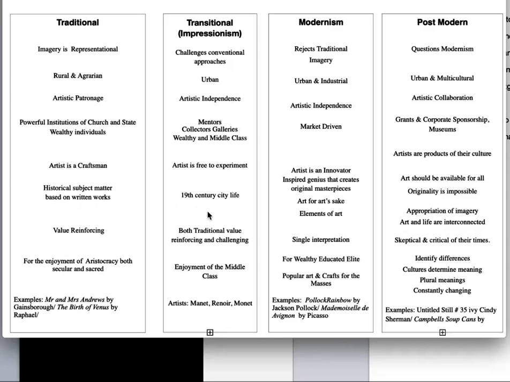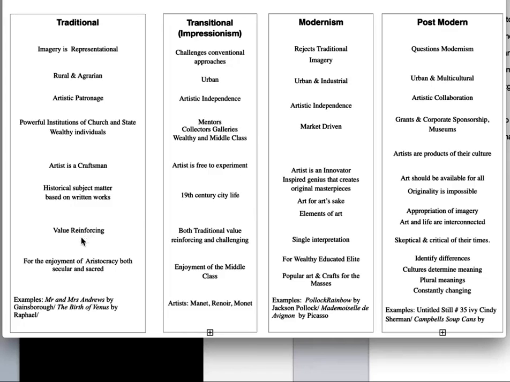During the transitional period, we've also already mentioned that it's 19th century life that's important. And when we get to Modernism, because they reject all of this connection to historical content and recognizable imagery, what we see in Modernism is this idea of art for art's sake, which just means the making of art, the producing of art, the basic elements of art are what's important.